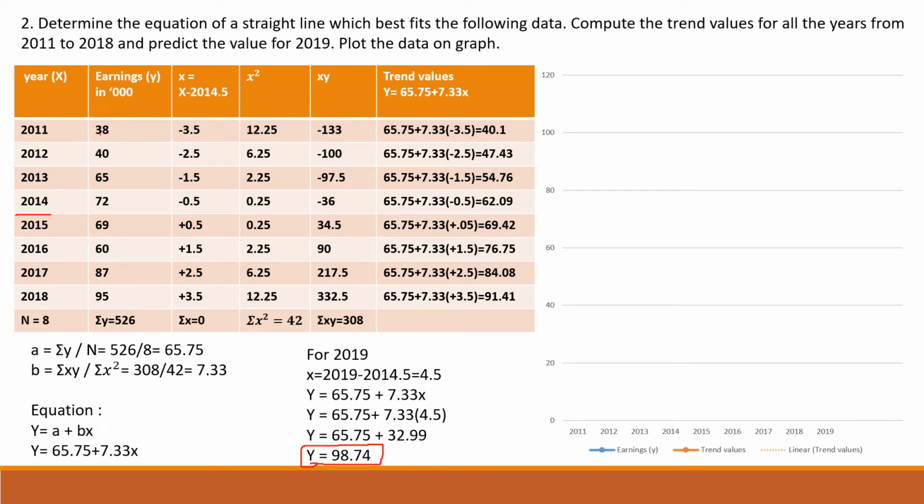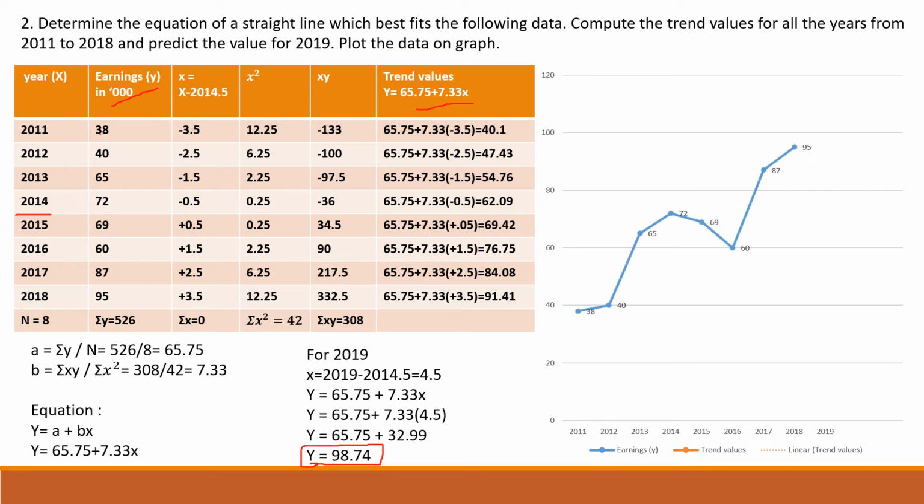Let's see the graph. First, for the x-axis, the years have to be taken, and on the y-axis, earnings, where 1 centimeter equals 20,000. First we plot the values of y in the graph. Then we plot the trend values to get the straight line trend.